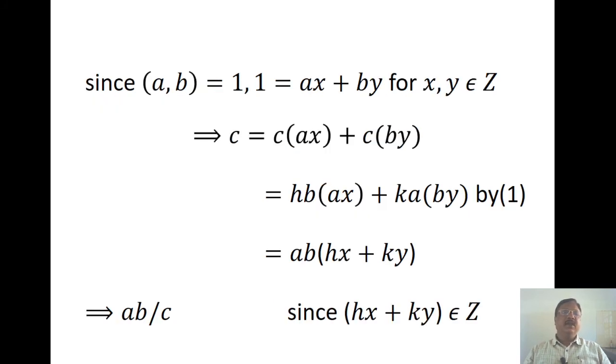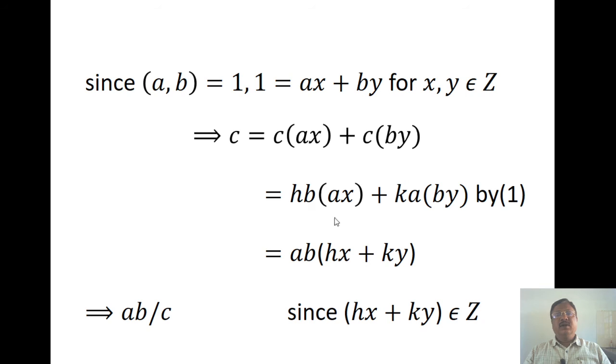Since A, B are relatively prime, by Euclid's theorem 1 can be expressed in the form of Ax plus By, so 1 is equal to Ax plus By for x, y belonging to Z. Now let us multiply both sides by C. What will happen? C is equal to C into Ax plus C into By.